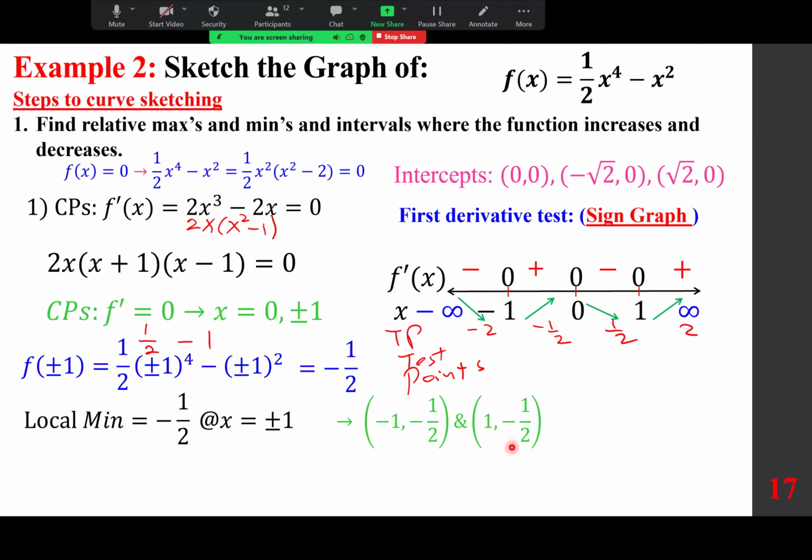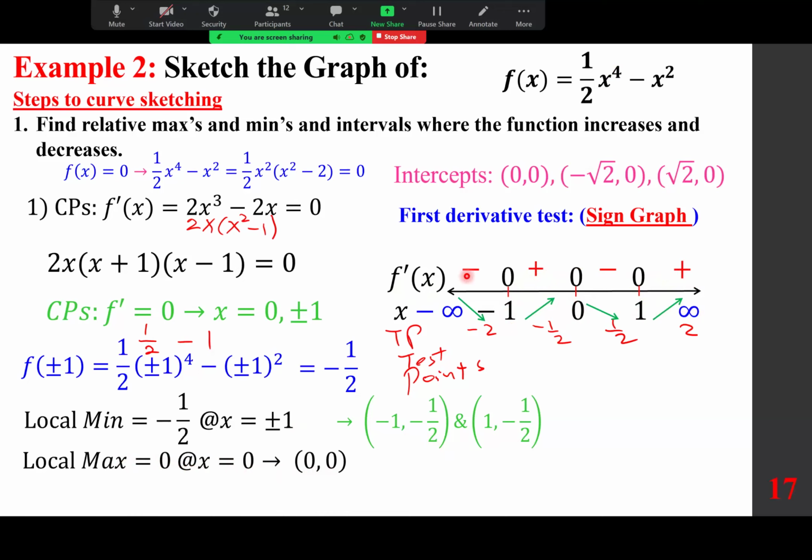As I said, the local max is 0 because you plug in 0, you get 0. So the local max is 0. Either you say at x equals 0 or (0, 0). Now, where is the function increasing? You see positive from negative 1 to 0, union 1 to infinity.